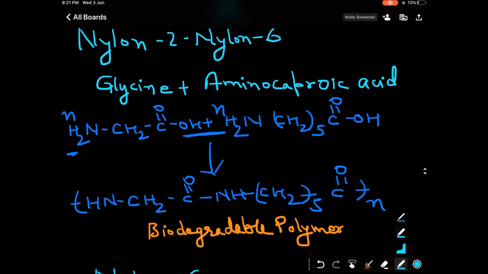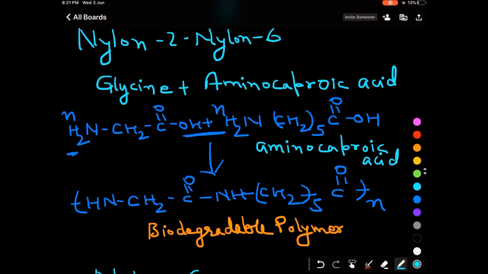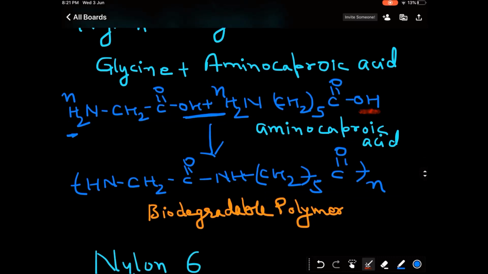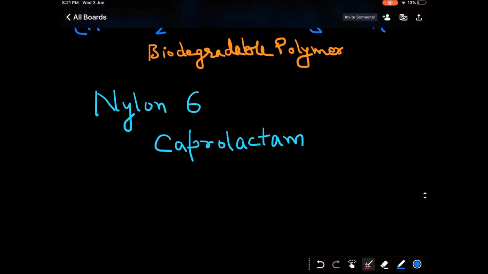Next is nylon 6. So nylon 6 has caprolactam. You can think of caprolactam as a cyclic structure of amino caproic acid, in which you can combine NH2 H and COOH, OH group, remove water, you get a cyclic ring.